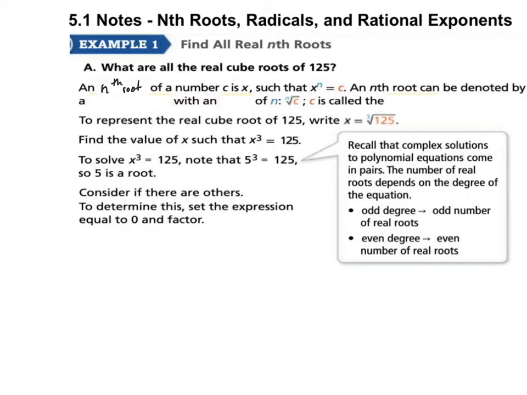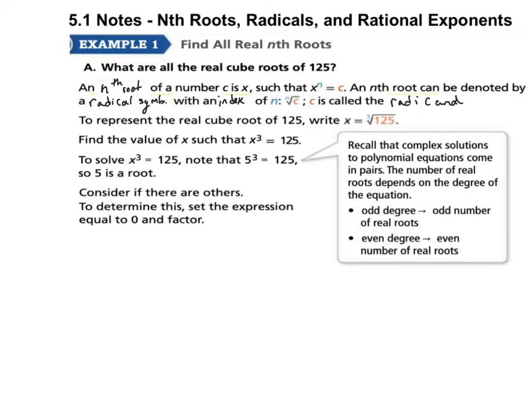And an nth root can be denoted by a radical symbol with an index n, and then the radical of c, and the c is called the radicand. Okay, so this is just formal definitions.